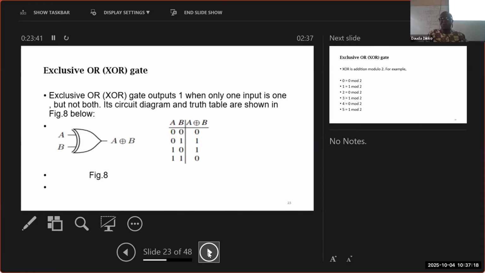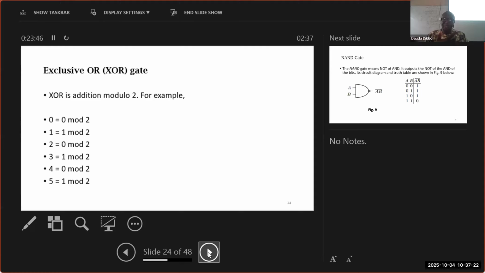Every other one is 1. We are trying to look at the fundamental classical computing, so that when we go into quantum computing, we'll have a good background. So the XOR represents the exclusive OR, and the addition is modulus 2.